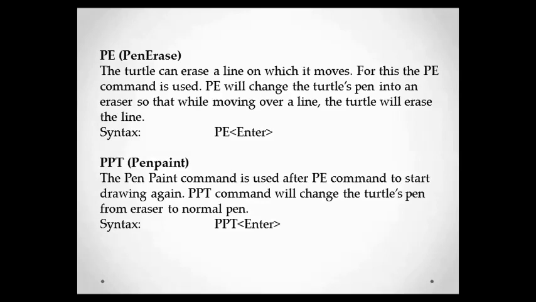The next command is pen paint. Once you have changed your turtle from pen to an eraser, and after doing the erasing work, if you want to bring back the pen, then you need to give the command pen paint. The short form is PPT.